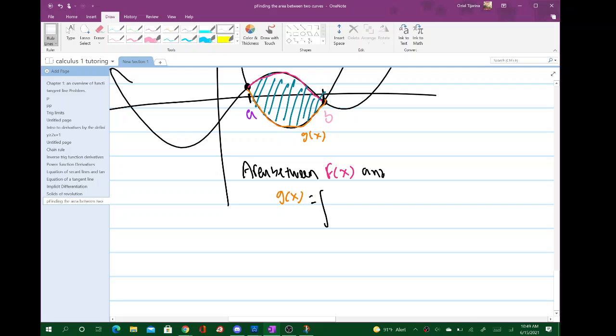So the integral from a to b of f of x minus the integral from a to b of g of x, right?